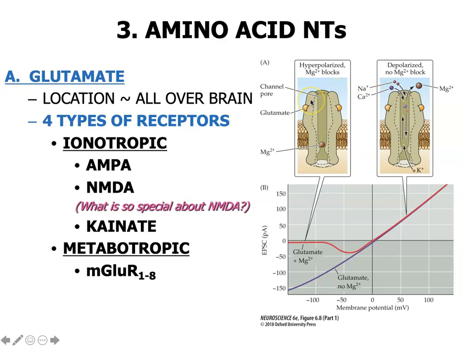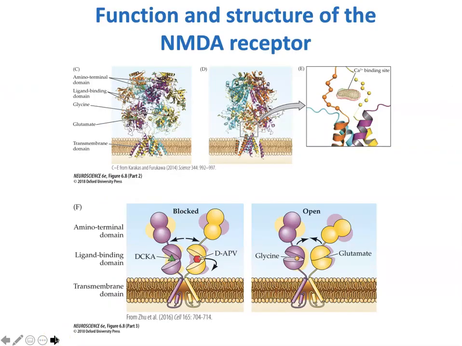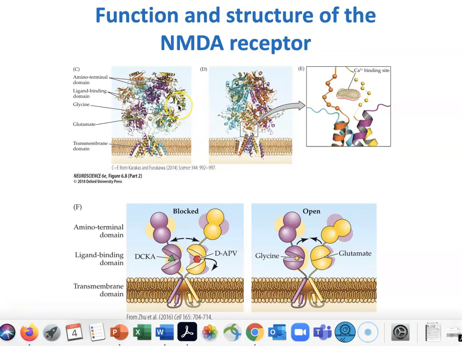All of that necessitates glutamate binding to it, and so there's a little bit more to these glutamate receptors, at least with NMDA, than meets the eye. These are some images that your book provides, a little more detail than the cartoons we had on the last slide.